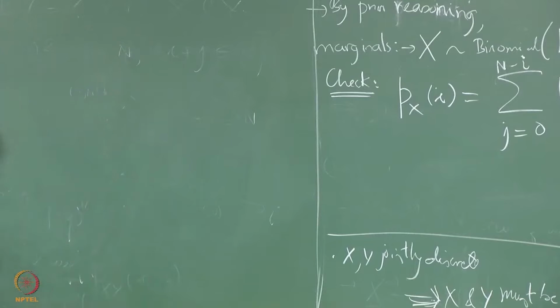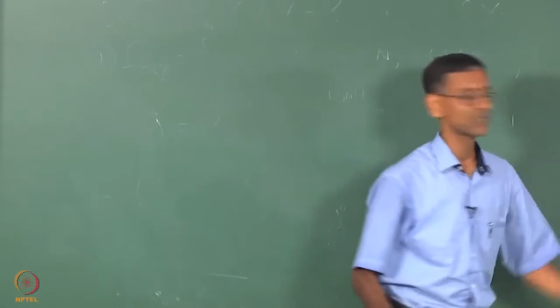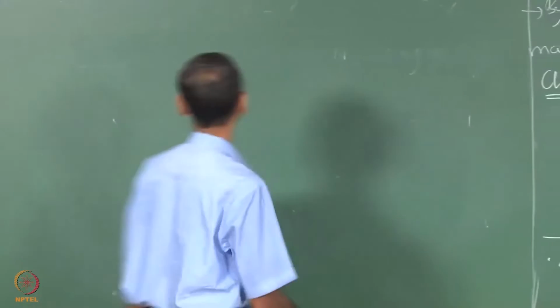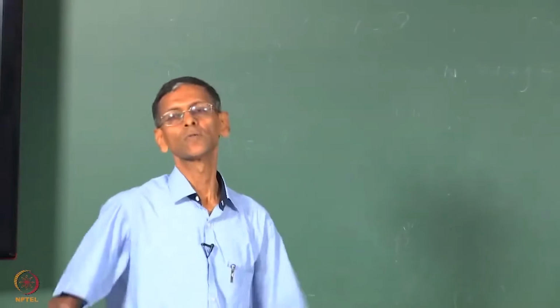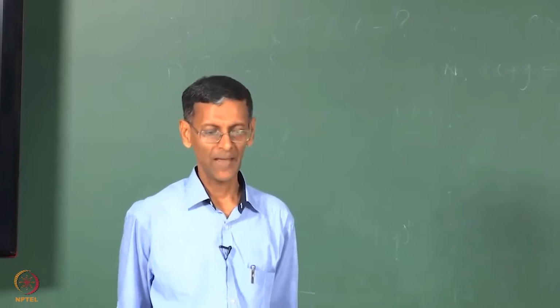In the few minutes that are left today, I will look at another application of this trinomial PMF, another situation where it happens. Suppose you are throwing capital N balls into m bins.